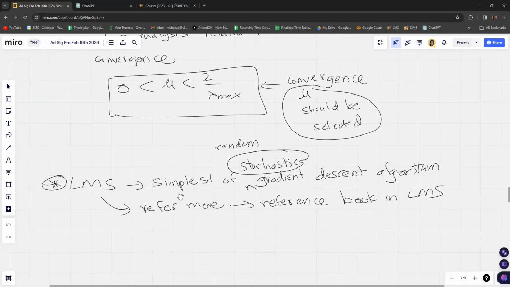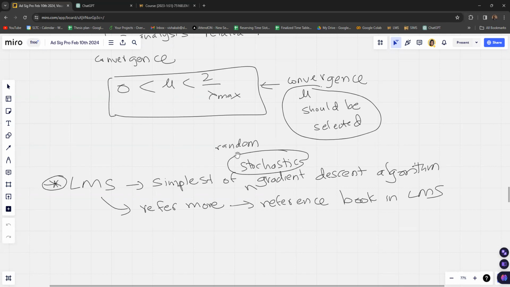The LMS algorithm is a simpler version of the stochastic gradient descent algorithm, which considers stochastic data samples each time to calculate the gradient, and based on the observed gradient value, it decides what the step size is and how much increment needs to be done on the filter coefficients.